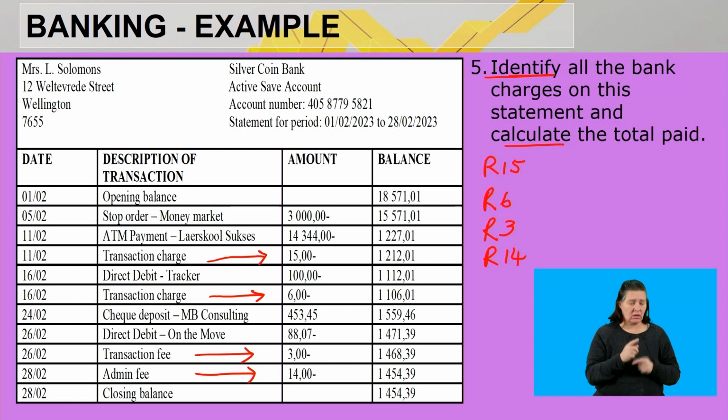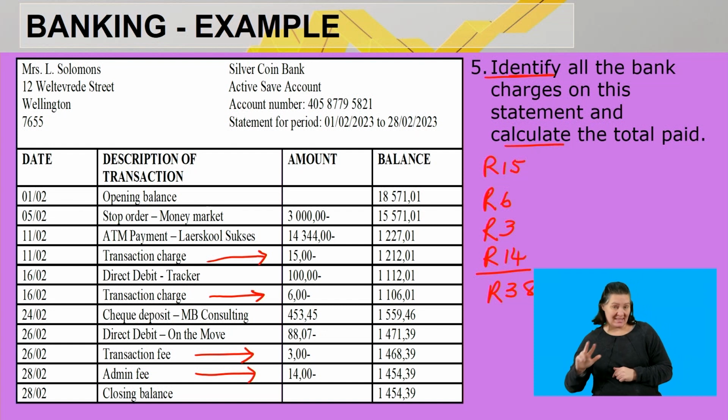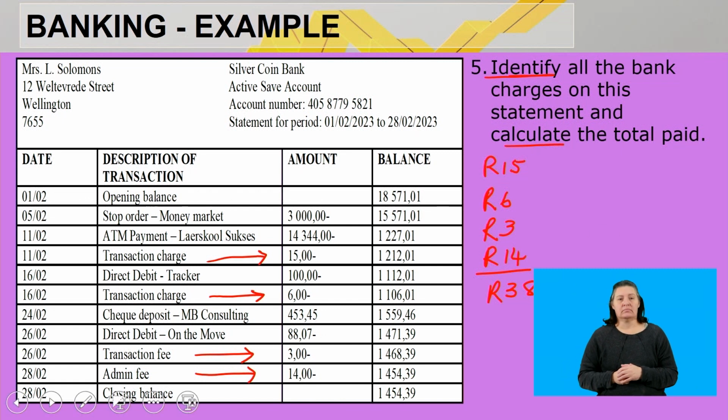So I'll say 15 plus 6 plus 3 plus my 14. Right, so that will give me a total of 38 Rand. Guys, I hope that's clear to you. I've identified all the bank charges, and then I calculated the total paid in bank charges. Okay, let's look at another question.